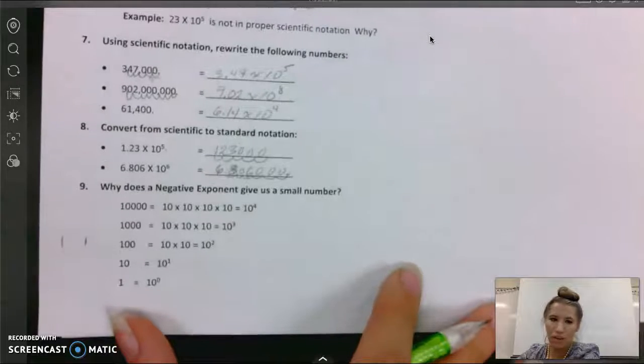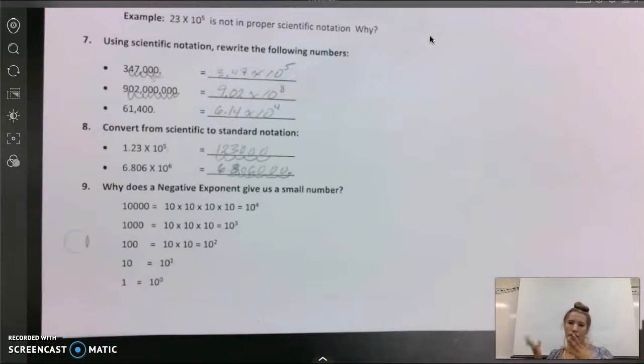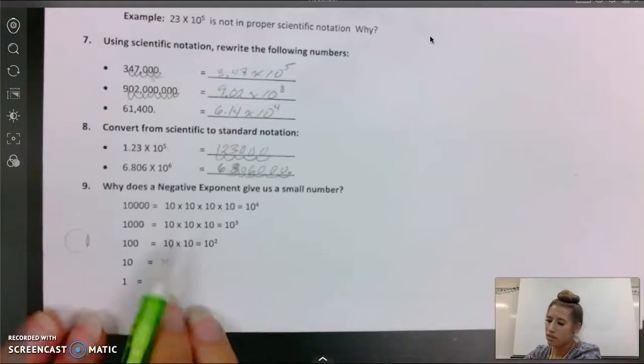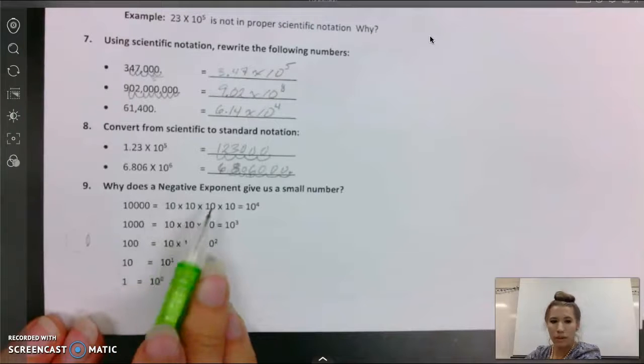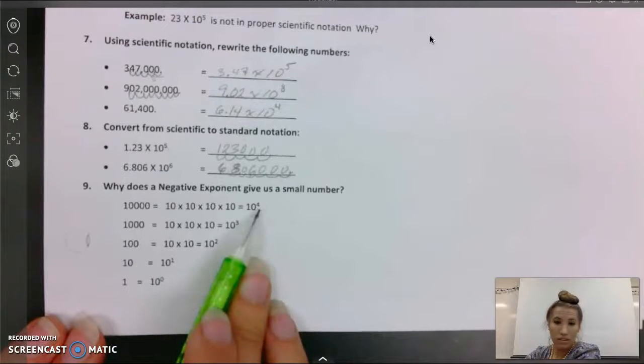Now, what do we mean by times 10 to some power? Okay. So the important thing to recognize is that when we say times 10 to the power, it's taking 10 multiplied by 10 multiplied by 10 that many times.